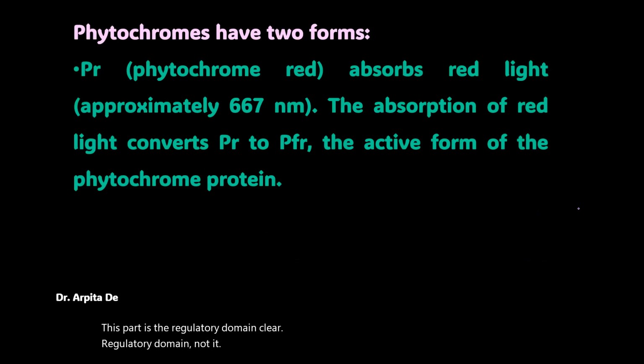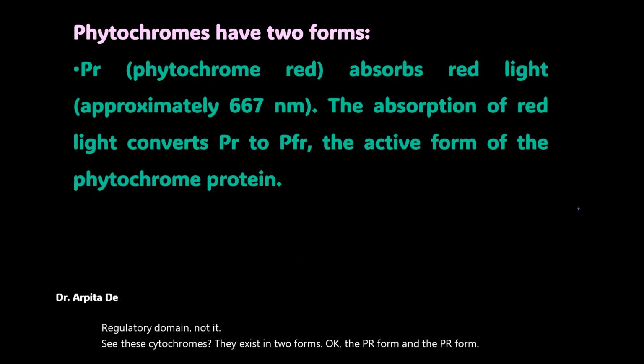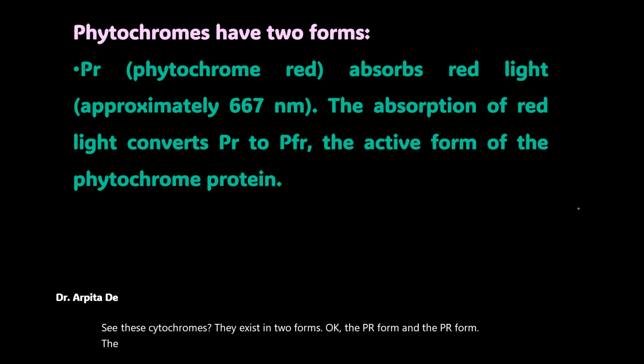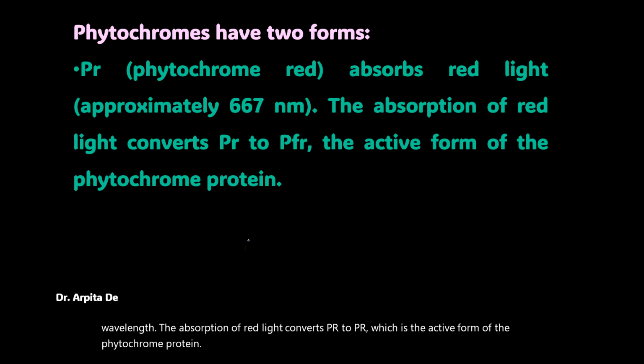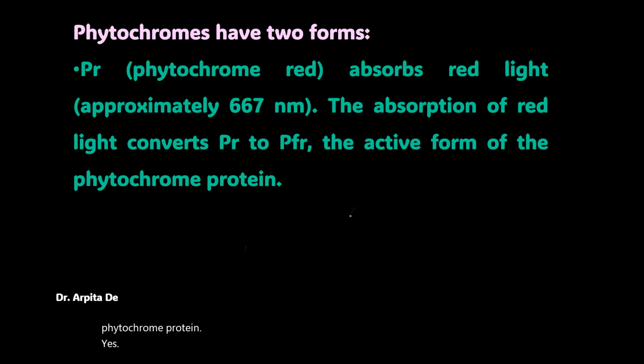These phytochromes exist in two forms. Okay, the PR form and the PFR form. The PR form, or phytochrome red form, absorbs red light at approximately 667 nanometers wavelength. The absorption of red light converts PR to PFR, which is the active form of the phytochrome protein. Clear? We'll write this.